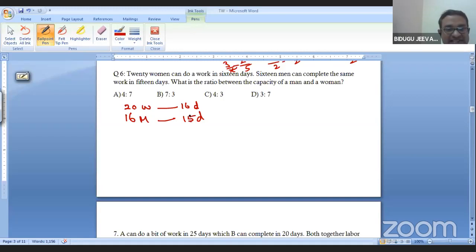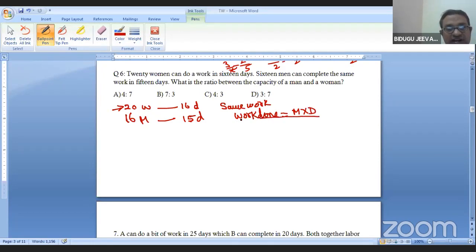No. See, here the people are different. Women are there, men are there. 20 women can do the work in 16 days. The same work can be done by 16 men in 15 days. That means I want work done. Work done means men into days.